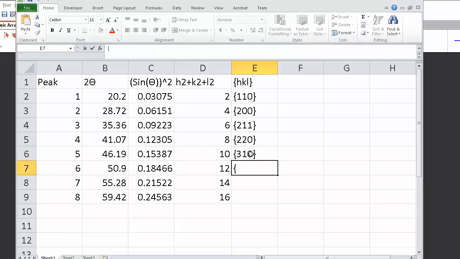A 12 is 222. 14, if we want a 14, we could do a 3, 1, and a 2 — that's 4 and 2. Actually, that's 14, yes, because 9 plus 1 is 10.